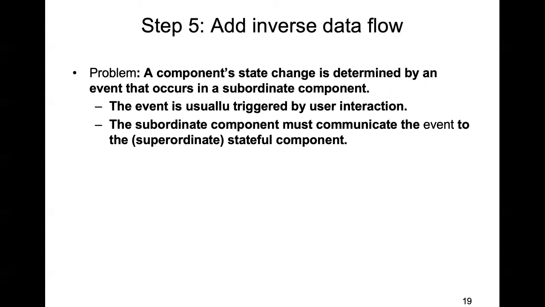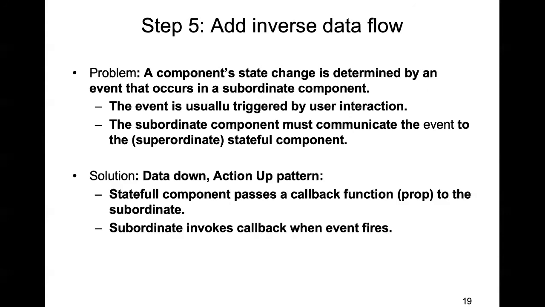We've got a couple of instances of that in our sample movie app that we're looking at in this set of slides. And we know what the solution is: passing a callback function down to the component that actually catches the event that triggers the state change. So we know this already.